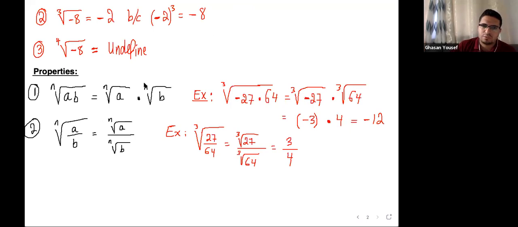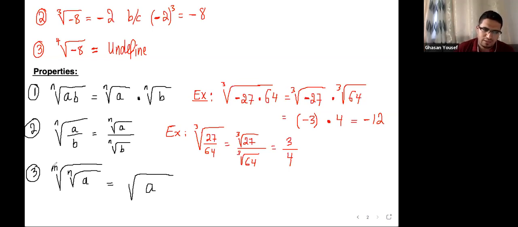The third property says if I have the mth radical of the nth radical of A, I can get one radical with A inside, and here we multiply both of the roots, m times n.